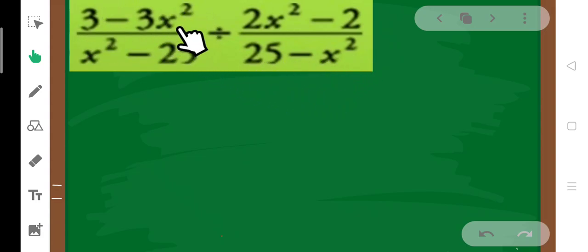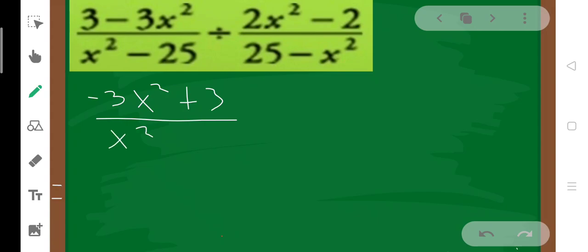So for this one, I can rearrange this in descending order of power. So we have negative 3x squared plus 3 all over x squared minus 25.